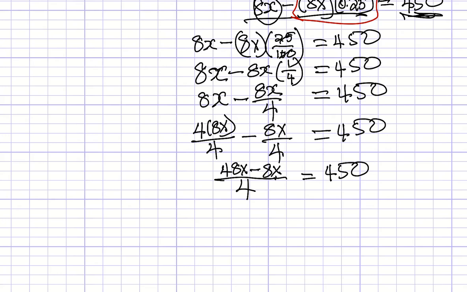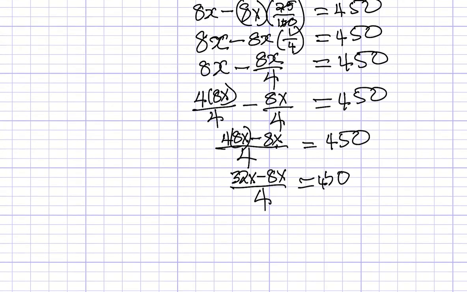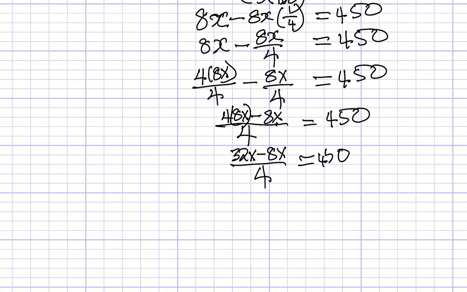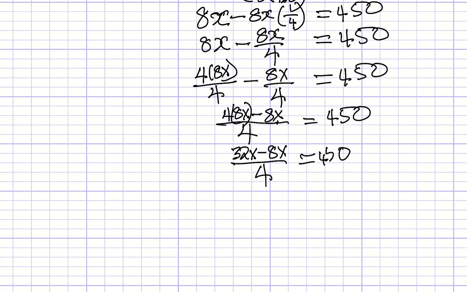So we need to simplify the left side. 4 times 8x will give you 32x minus 8x equals 450. So 32 minus 8, that's what you get, 24. 24x over 4 equals 450.